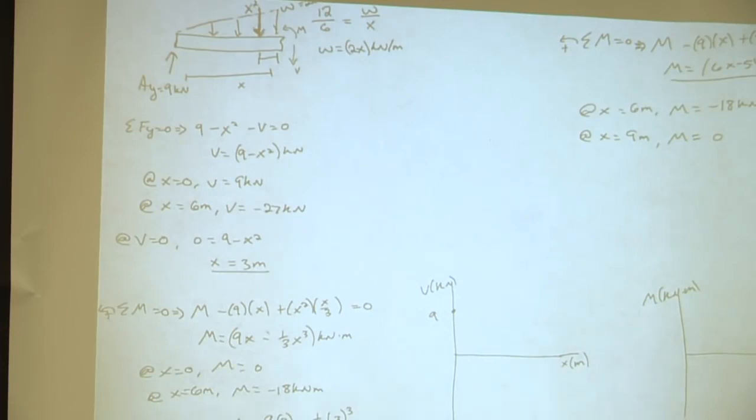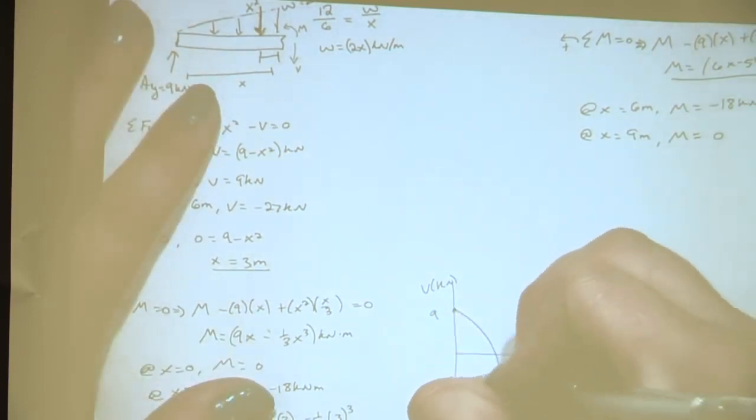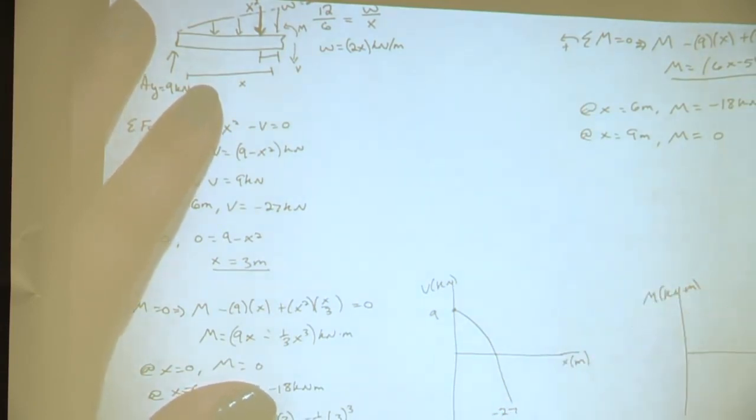Is it going to be linear? What was that? Okay, awesome, so parabola. And how do we know it's parabolic? Because our equation had X squared in it, so we know it's parabolic. Okay. And then this value is negative 27. And then, are we done for cut 1 for this part of the graph?